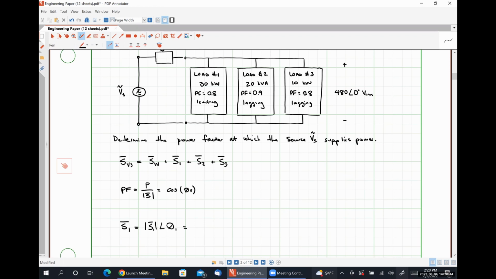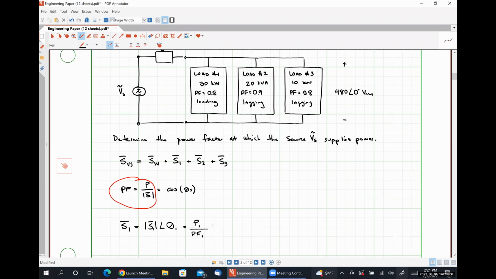The apparent power absorbed by load 1 is simply going to be the average power absorbed by load 1 divided by the power factor at which load 1 operates, which I got simply by manipulating this expression right here.